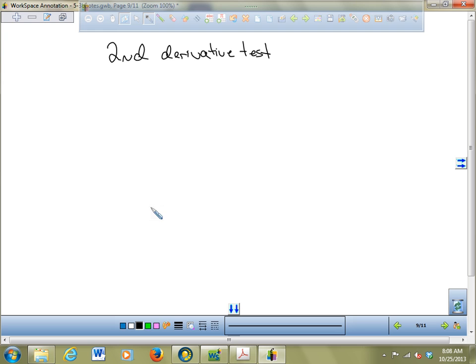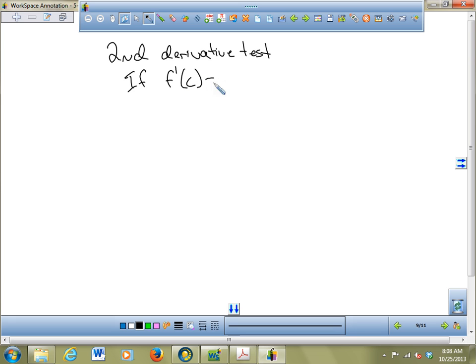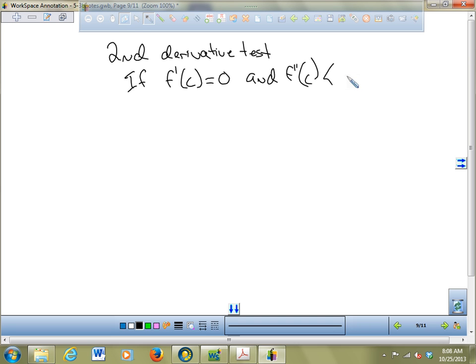Second derivative test, for relative extrema. If f prime of c equals 0 and f double prime of c is less than 0, then... That's what you're checking for when you're using the second derivative test. If it works, it's a really quick way to check if you have maximums or minimums at those points.